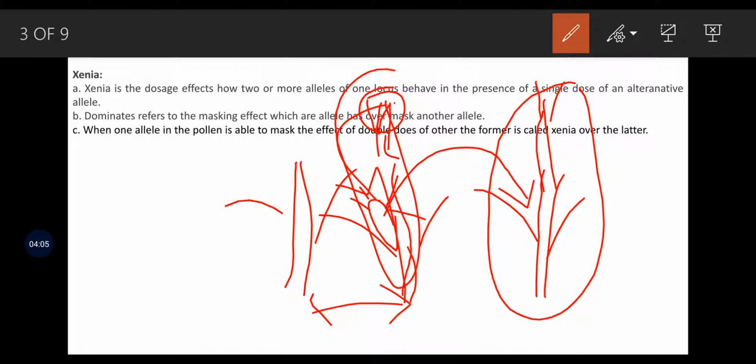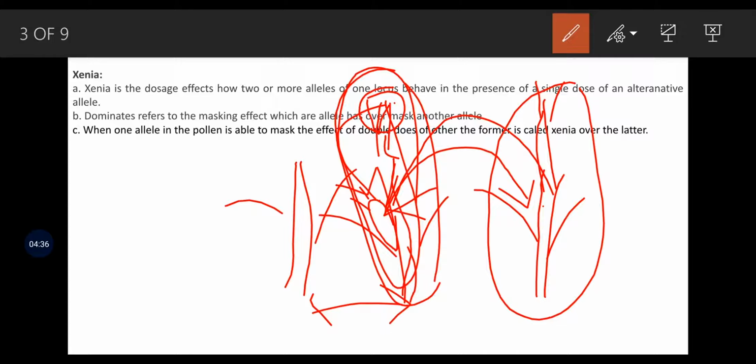So we observe the xenia effect when we get the pollen from another kind, or from a different inbred line. If we go for selfing, the effect of xenia won't be observed, because when we are selfing, the same genetic expression will be there, but when we are crossing from a different source, the pollen effect will be clearly observed.